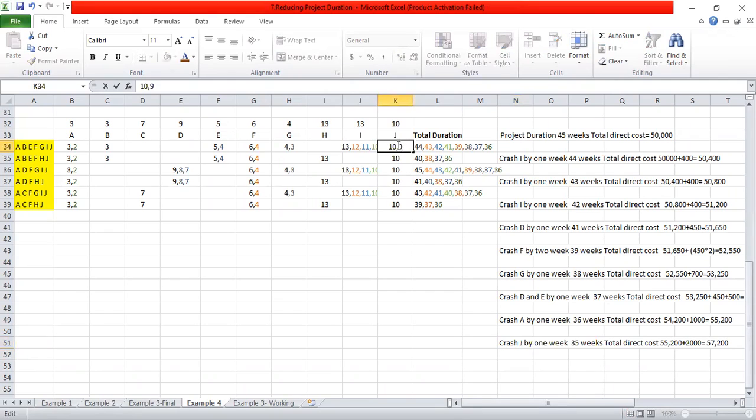It should be 9 here. So the duration is reduced by 1 week.